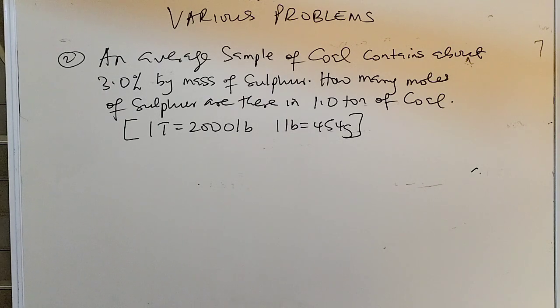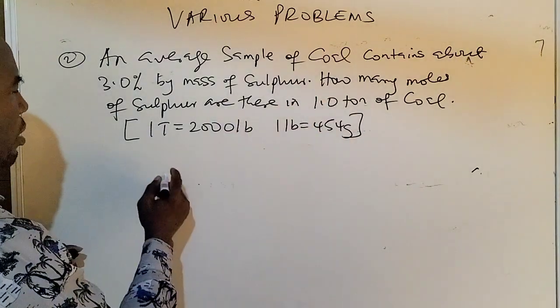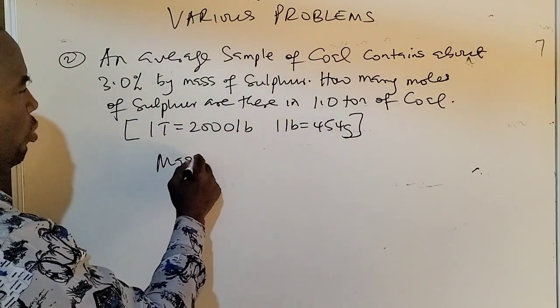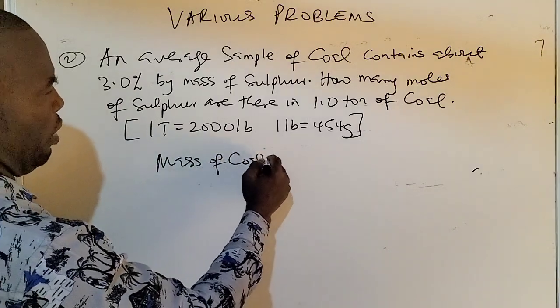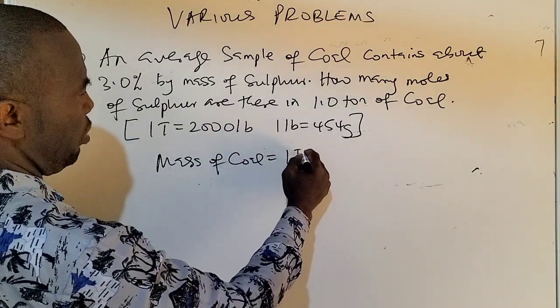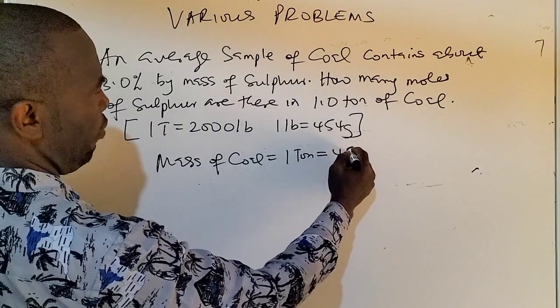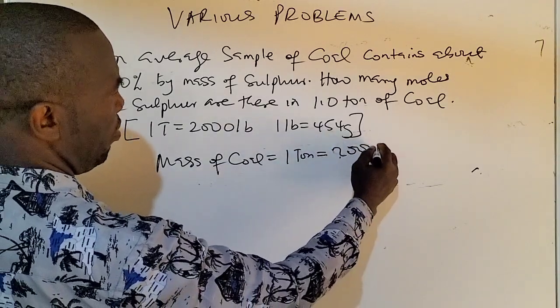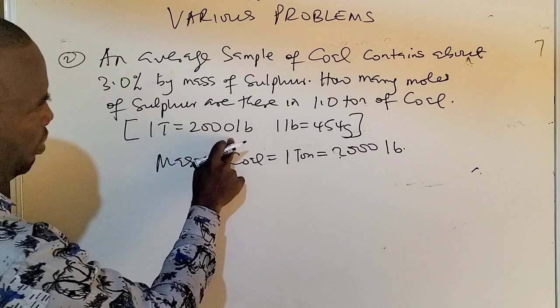So since we have 1 ton here in the equation, that means the mass of coal is 1 ton, and 1 ton is 2,000 pound weight from this.